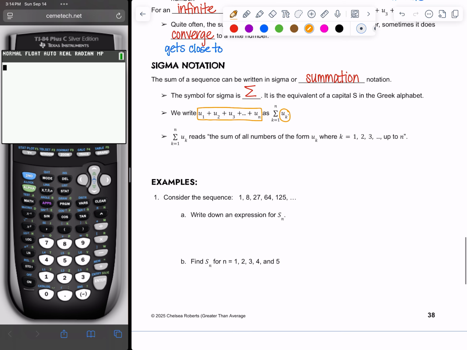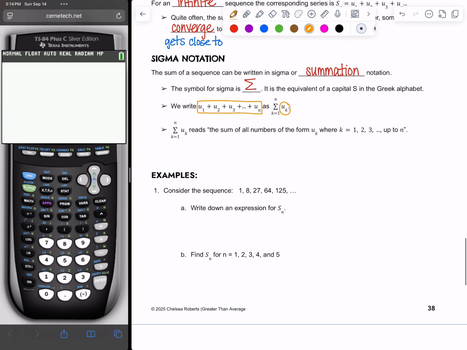So let's look at the examples. Example number 1, it says, consider the sequence 1, 8, 27, 64, and 125. It says write down an expression for S of n. So we want to write it in summation notation. One thing you should notice is that 1, 8, 27, 64, and 125 are all perfect cubes.